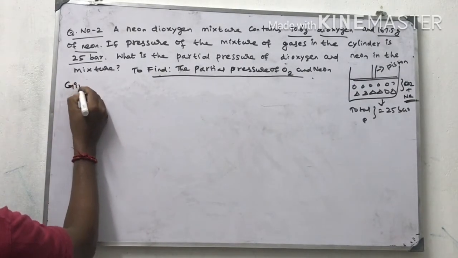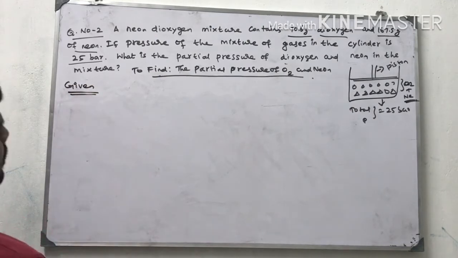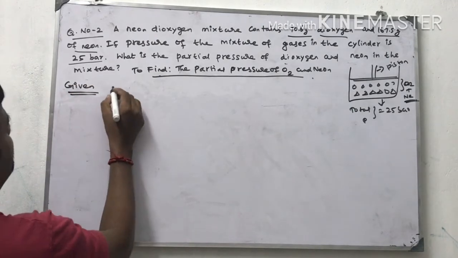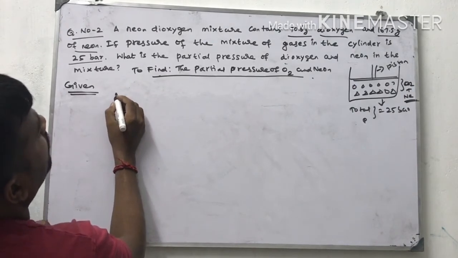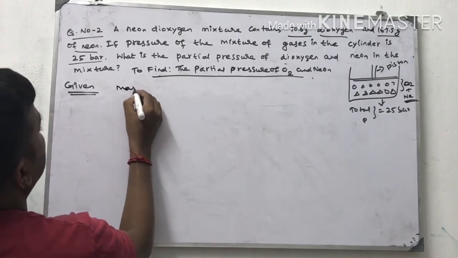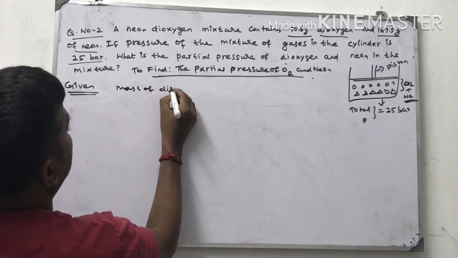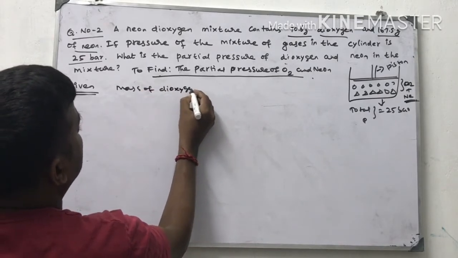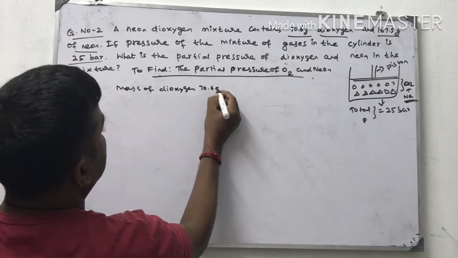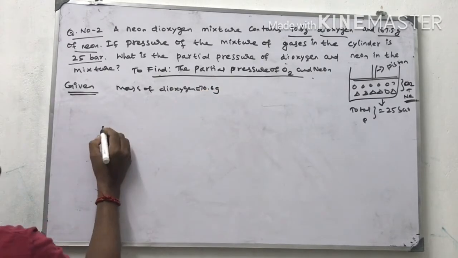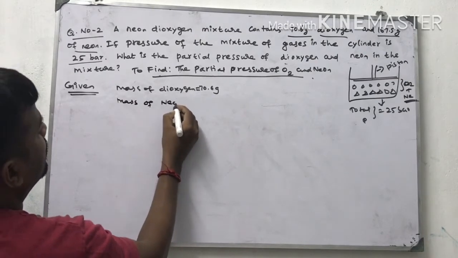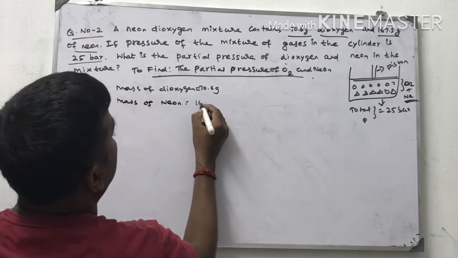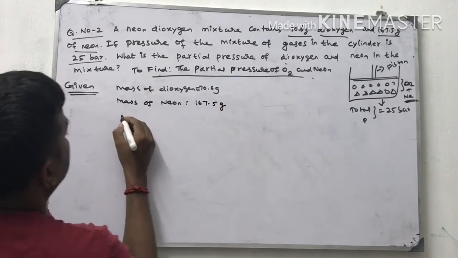Solution. Given: what are the terms given? Mass of dioxygen is given, equal to 70.6 grams. Then mass of neon is given, 167.5 grams.